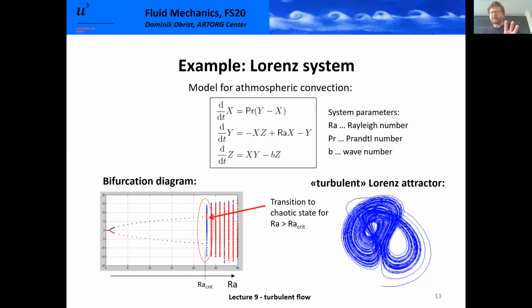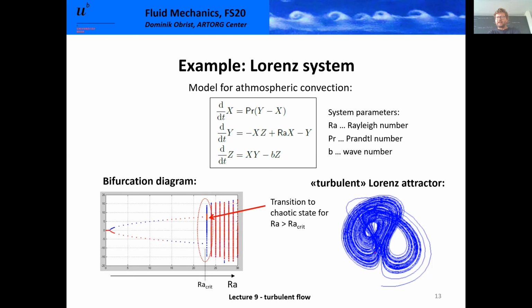So a very good example of what's going on in a more mathematical sense. I mean, last hour we've mostly looked at turbulence in a qualitative sense. Maybe the easiest example of showing what's going on in a mathematical sense is the so-called Lorenz system. It goes back to an atmospheric physicist called Lorenz, who developed this system in 1963.